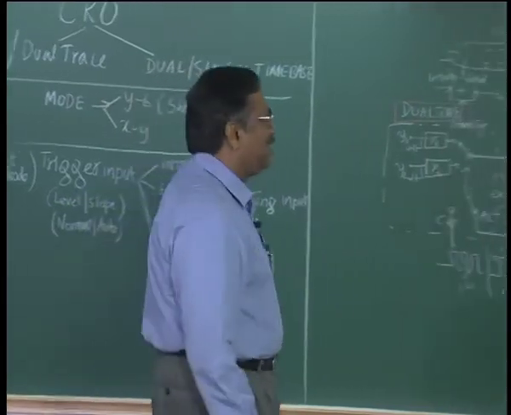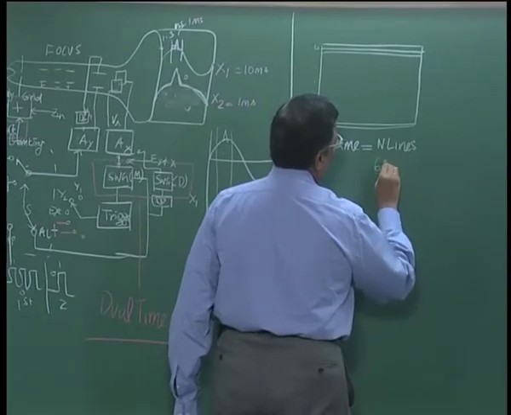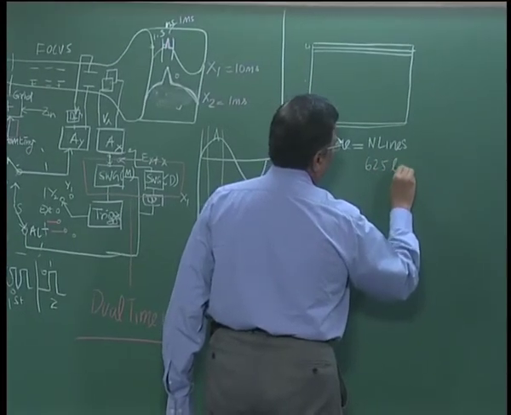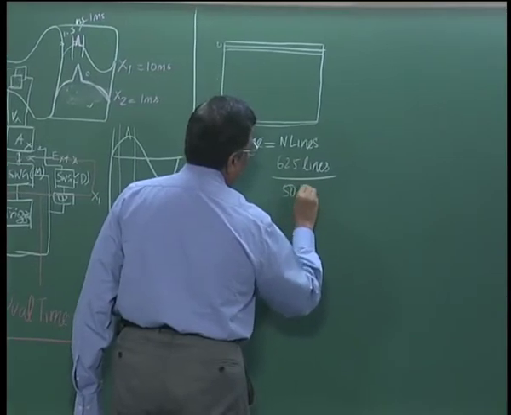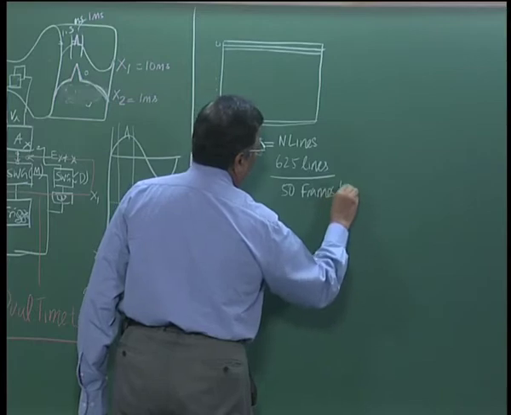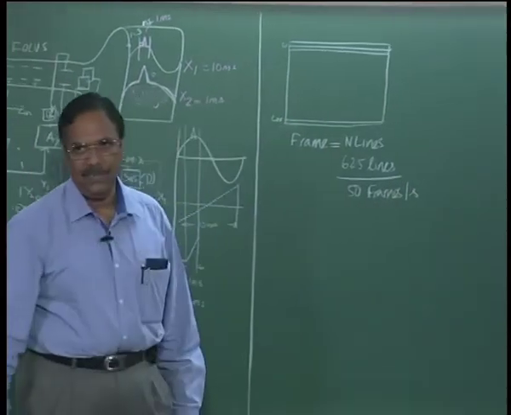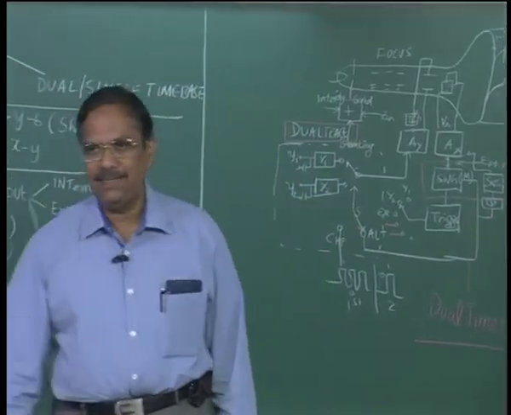In India we follow what is known as the CCIR standard. We have 625 lines per frame and 50 frames per second, right, 50 frames per second. Okay.